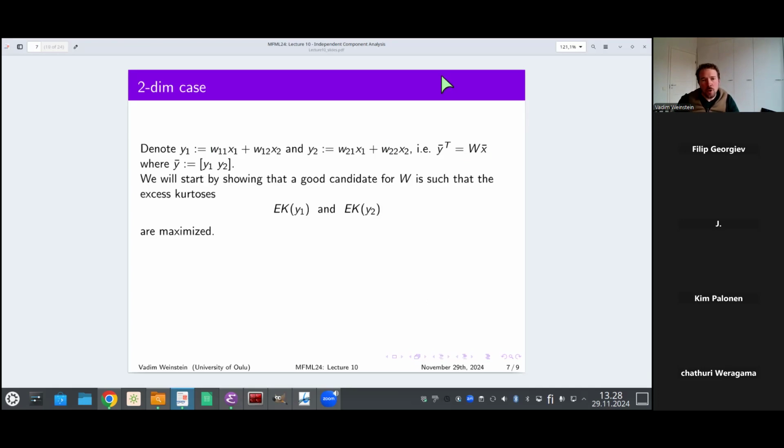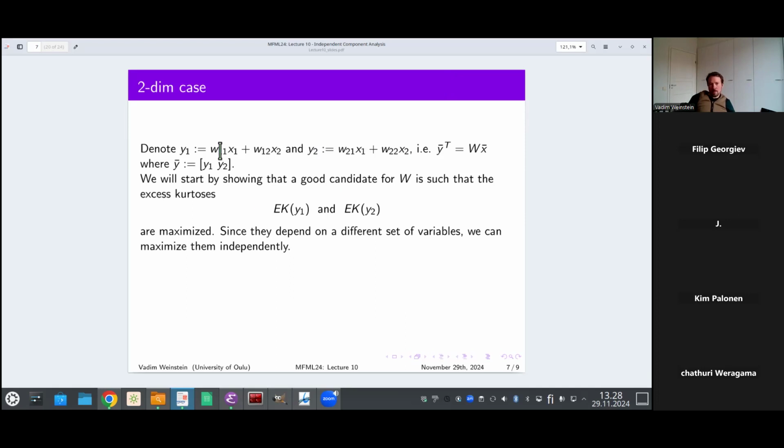And now more formally, we will show that maximizing kurtosis of y1 and y2 is actually a good candidate for the solution. Since y1 and y2 depend on different sets of variables, so x1 and x2 are not variables now, they're our observations, they're fixed.